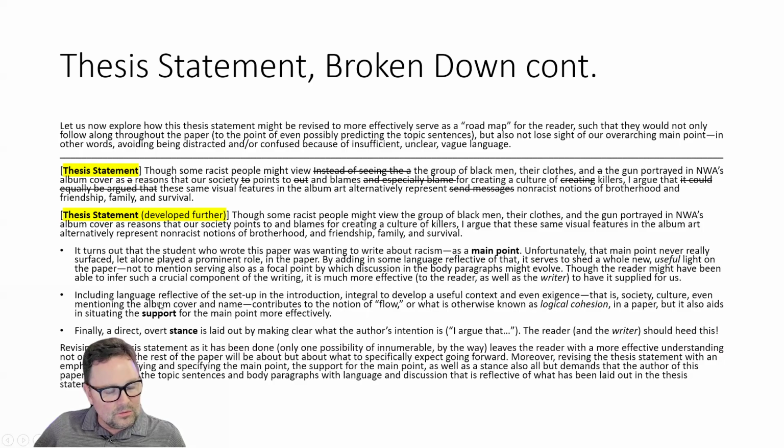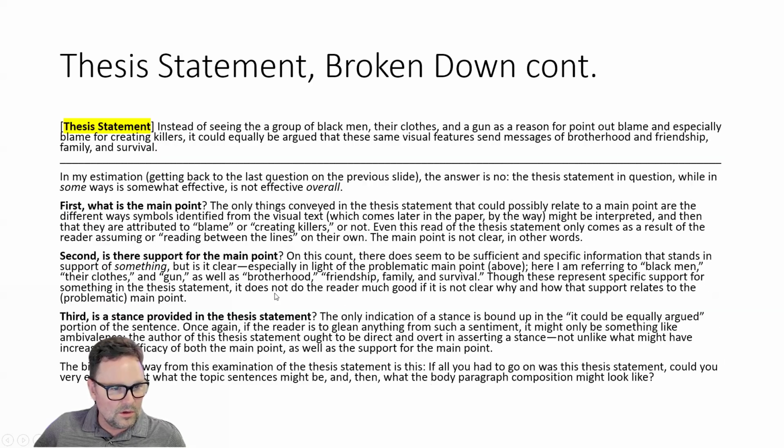This is going to be our next section on topic sentences. But when it comes to this idea of flow that a lot of us are interested in, otherwise known as logical cohesion, what we want to do in a thesis statement is set up. One of the things this original thesis did effectively is mention some things that were going to be talked about in the body paragraphs, and that should be talked about in the topic sentences of those body paragraphs.